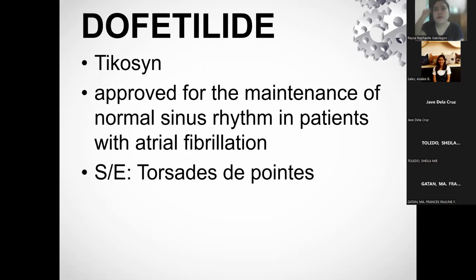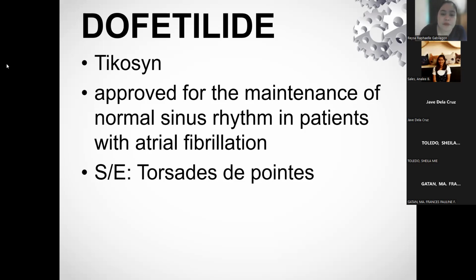When you say normal sinus rhythm, the sinoatrial node, the pacemaker, is normal. The production of impulse is normal, the refractory period is normal, but the patient may experience atrial fibrillation because of other cells that have the ability to also produce impulses.